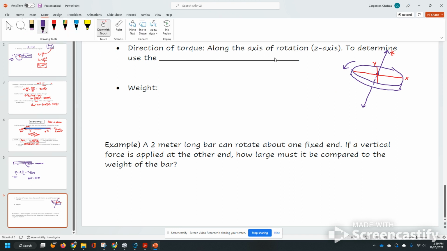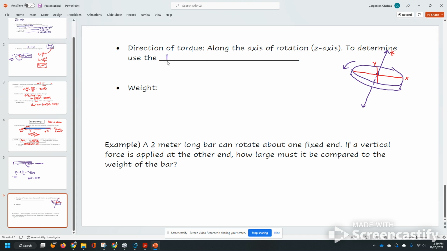So to determine the direction of torque, we're going to use the right-hand rule. We're going to curl our fingers in the direction of the rotation. This is specifically with your right hand. And your thumb is going to equal the direction of the torque.